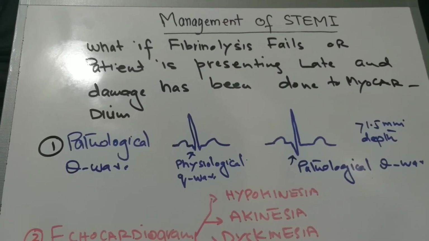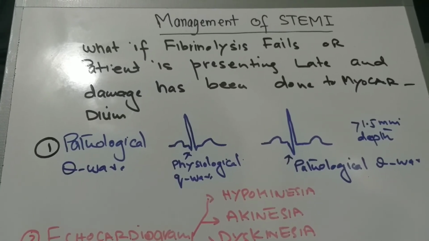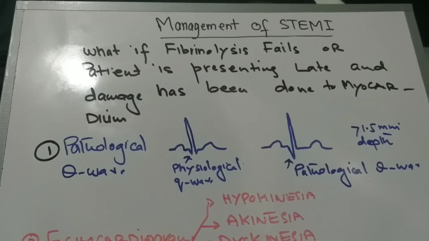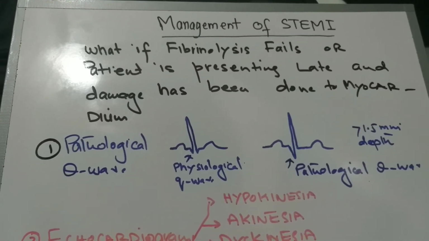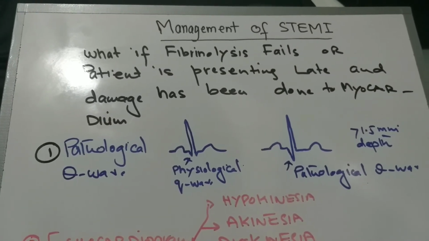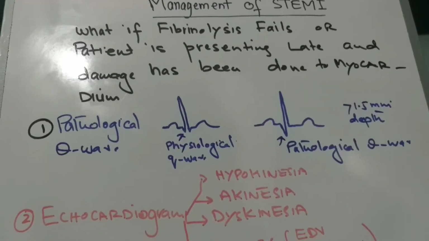And if the pathological Q wave is in leads V1 to V6, we will call it old anterior wall MI. If it is in V1 and V2, we will call it old anteroseptal MI. V3, V4, old anterior wall MI. If V5, V6 have pathological Q wave, we'll call it old anterolateral MI.